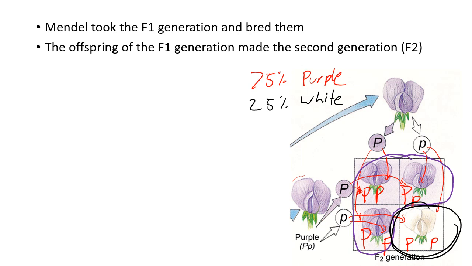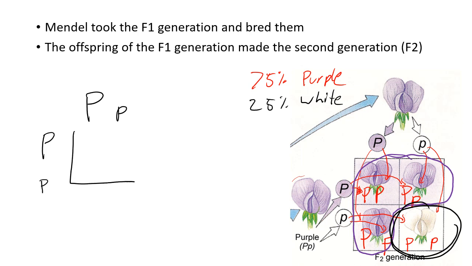Okay? And that's why he always saw that 75 to 25% split right there. And we don't have to draw the actual purple flowers. He just wrote big P, little p, big P, little p.